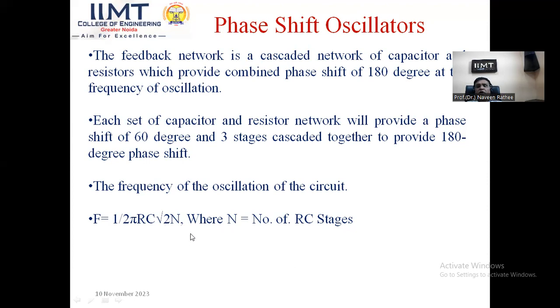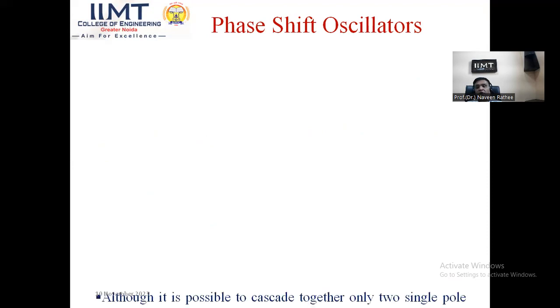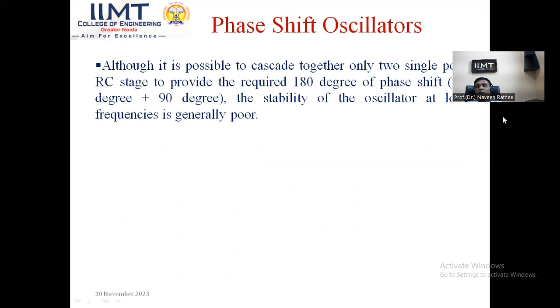Now, if I am using only two single pole 90 degree RC phase networks, what will it become? It will become 180 degree phase shift. So with the help of two single pole RC stages also, we can generate 180 degrees of phase shift. But in this particular case, stability at low frequency will be very poor.